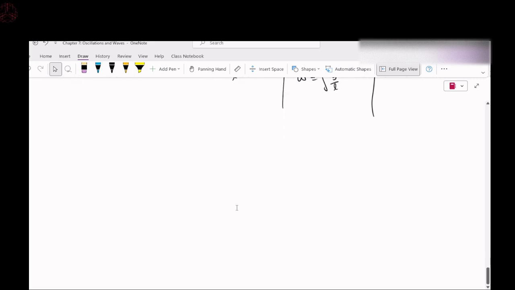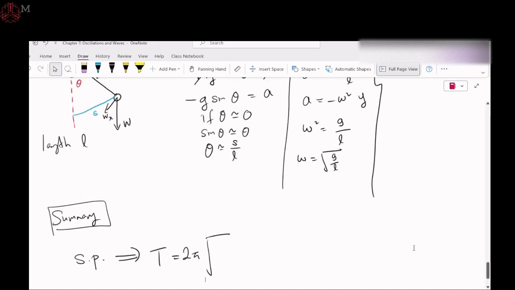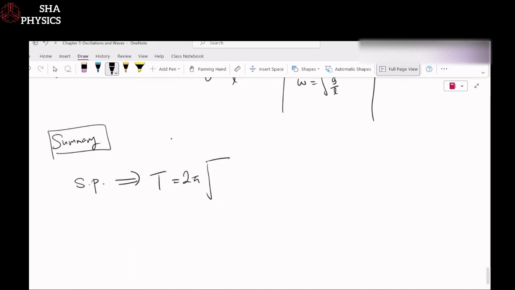Okay, so to summarize the last part, the case study: for the simple pendulum, my period is dependent on two things. It depends on the gravity, the local gravity, and it depends on the length.